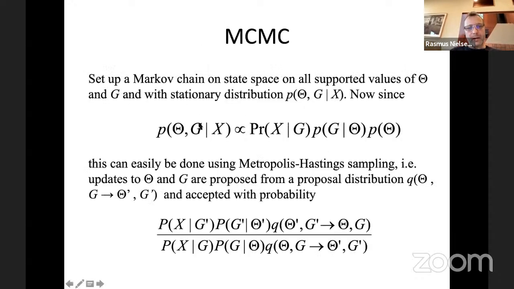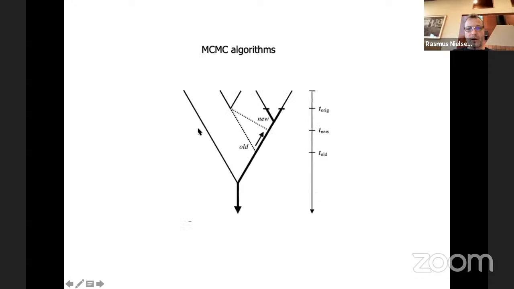So how do you actually do that? Now you have to sample genealogies. Well, what you do is that you represent the coalescence tree in the computer memory, and then you do various perturbations of that. You might, for example, move an edge around and reconnect it in another place in the coalescence tree.